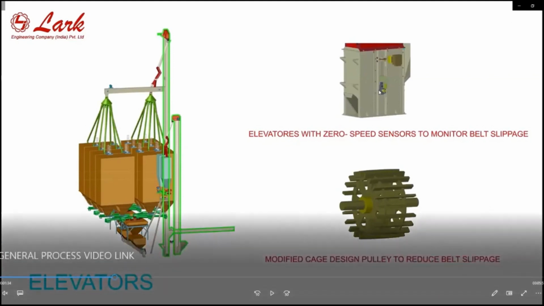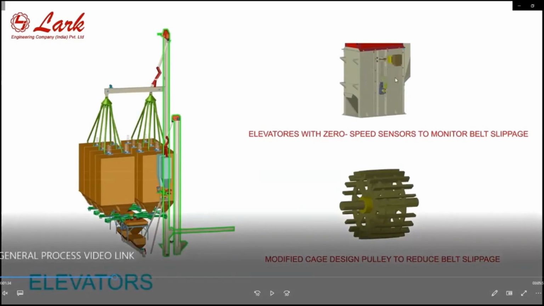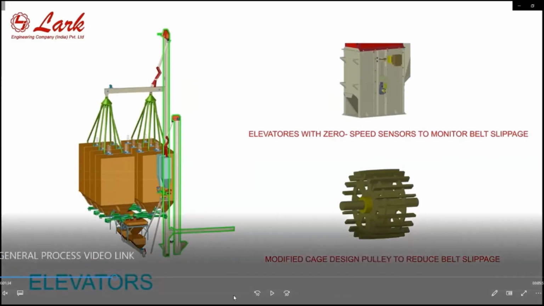the elevator. So this is the main thing that we can check with our elevators, or even with existing and old elevators we can put in this system that can enhance the life of the belt, and also reduces the breakdowns and the maintenance cost of the elevators.